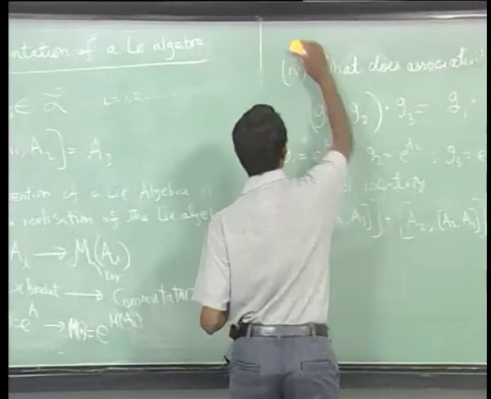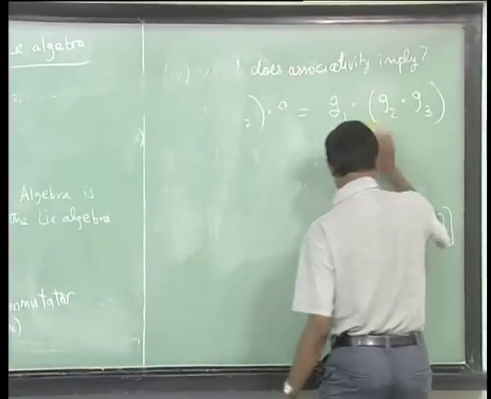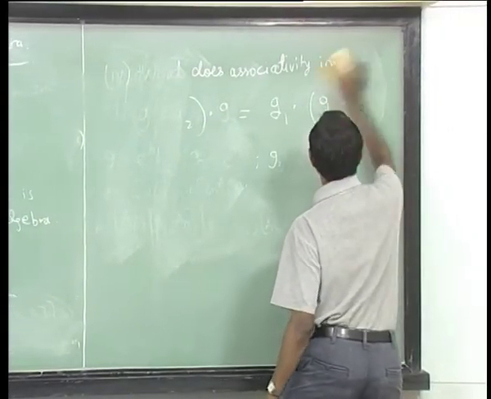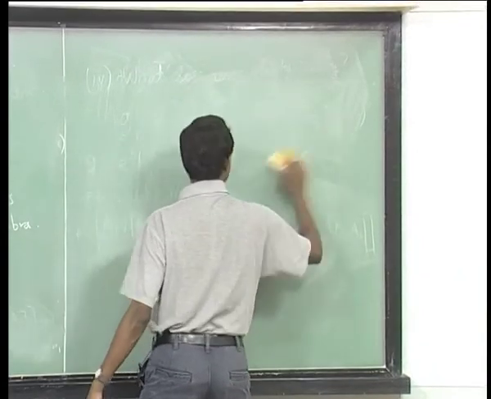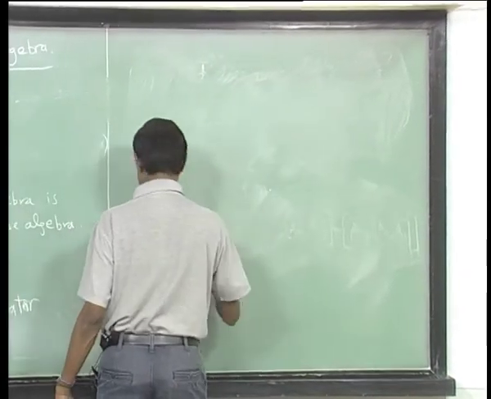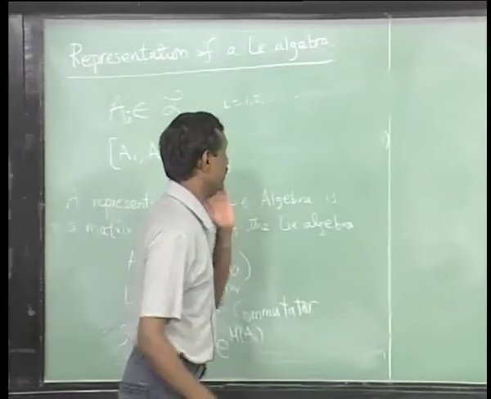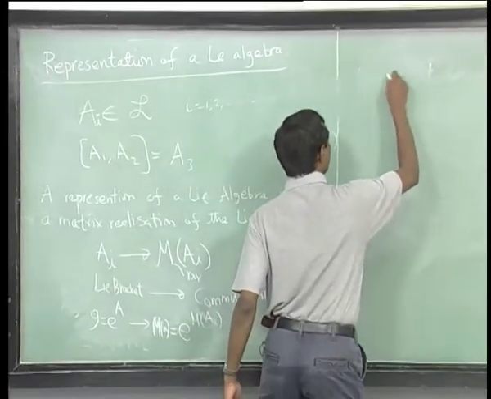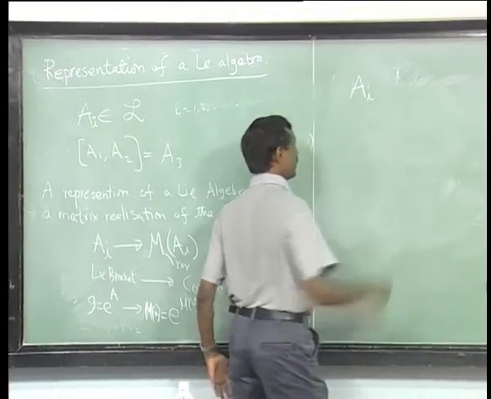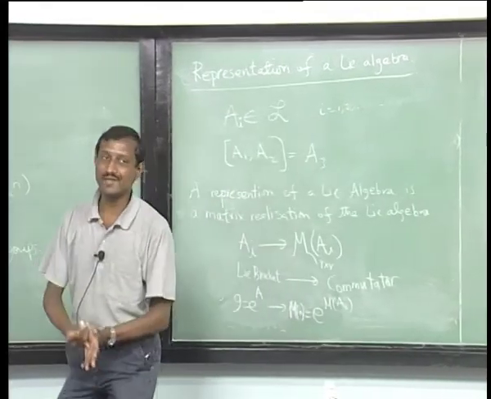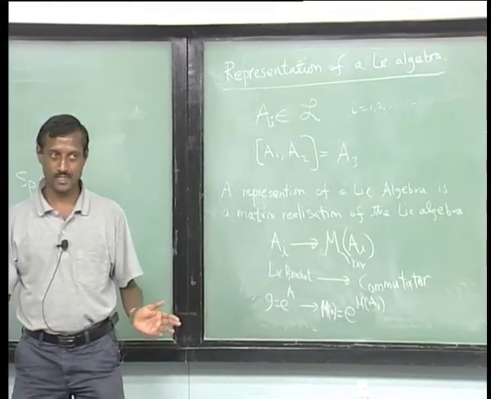So, now we can come back to the linear vector space setting. I just wanted you to remember what a representation is. Now, we will go back to a Lie algebra. If you give me a bunch of A_i's, since it is a linear vector space, I can choose a basis. So, choose a basis.